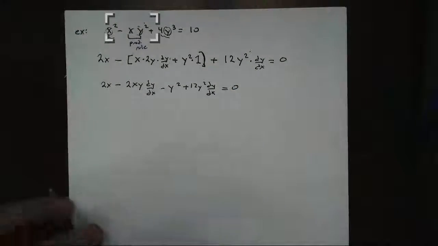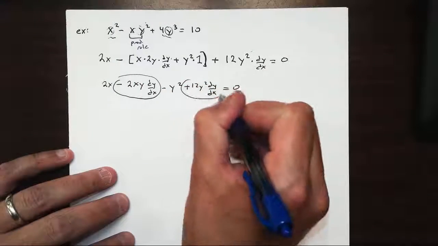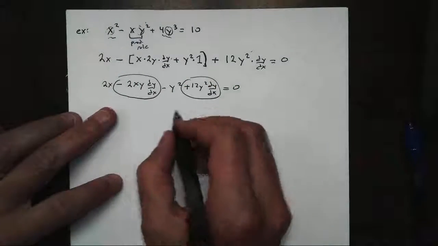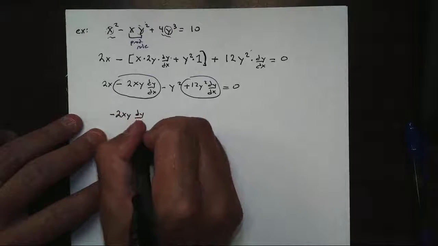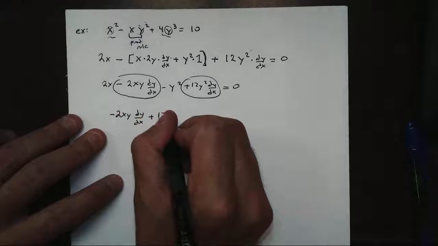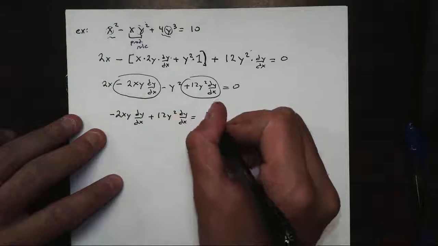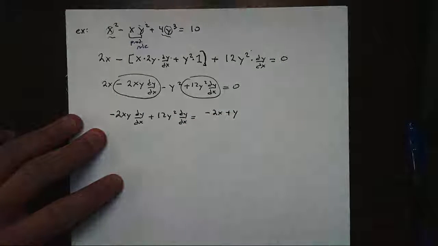And now again, anything that has a dy dx, even the signs, will get to stay. They're pretty cool. They get to join the party. Everybody else has got to go. So I'm going to write this negative 2xy dy dx plus 12y squared dy dx, and that's going to equal negative 2x plus y.